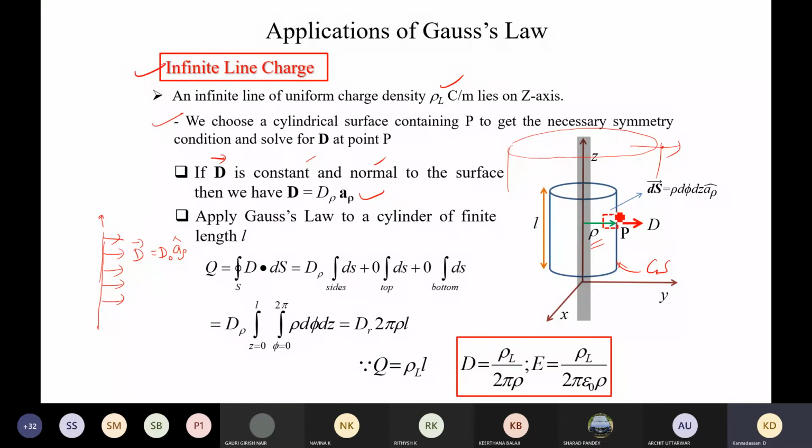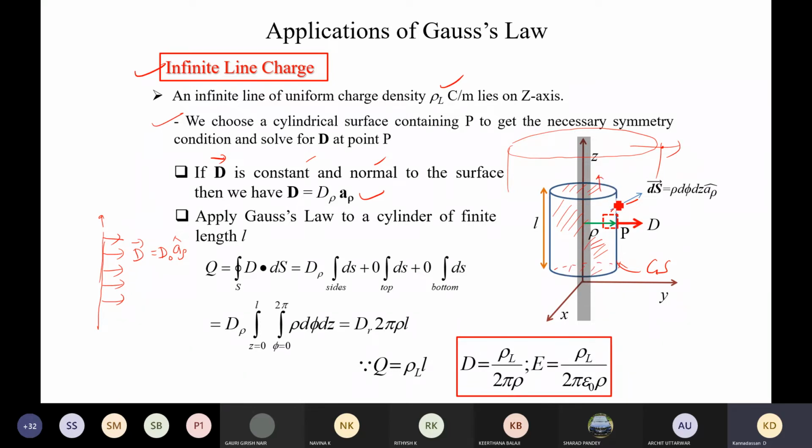Now the next step is to define a small surface which is taken out of the Gaussian surface. You can find there are three surfaces available. One is the top surface, another one is this one which is just around the structure, and at the bottom you have one more surface. We know that the D component is going to be perpendicular.